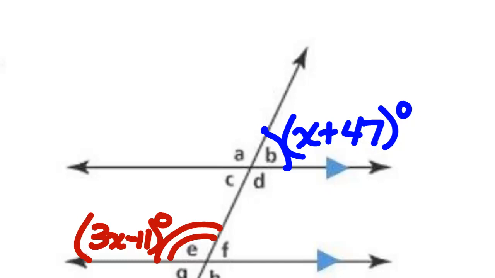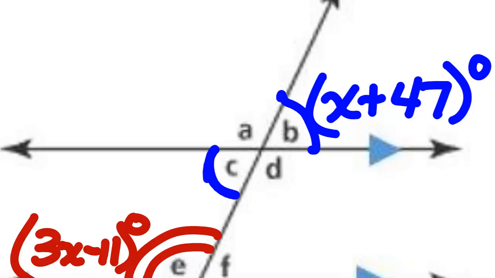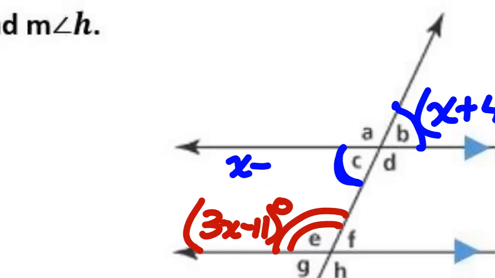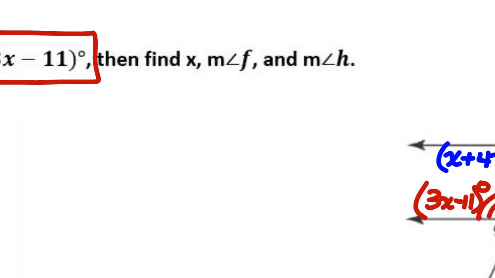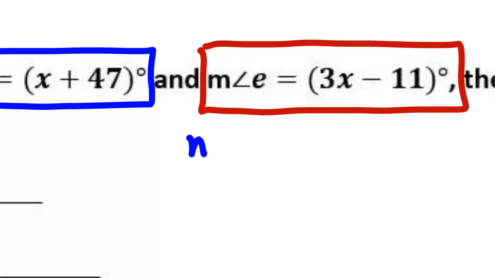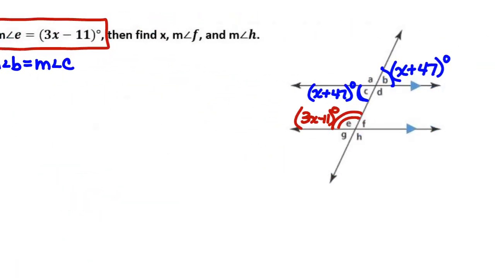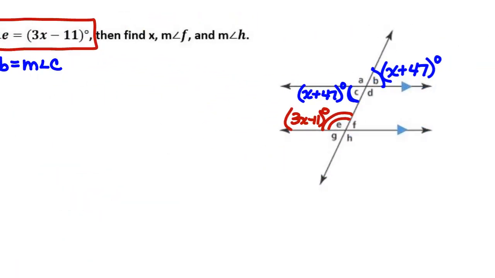Yes. C. Yes. C and B are the same size because those are vertical angles. So this would also be x plus 47 degrees. So I've got measurement of angle B is equal to the measurement of angle C. And now I do have a name for this pair.